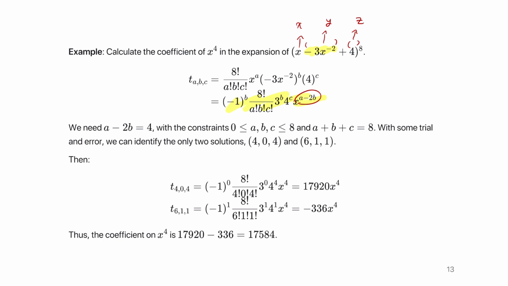Does everyone see the difference? Now there are multiple pivot points you can think of. First we choose some number of a's, then some number of b's for the y's. So there are multiple variables in our exponent. So now what we have to do is determine all of the triples a, b, c where a minus 2b is equal to 4.